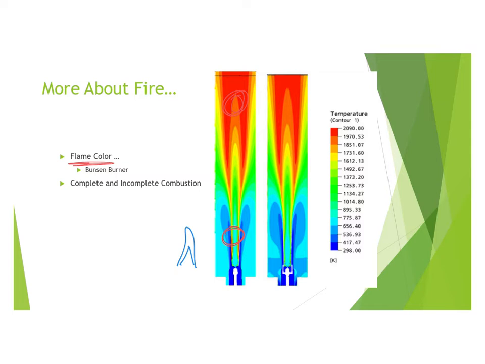Why do we get other colors? Because sometimes we get complete combustion and sometimes we get incomplete combustion. What does that mean? Well, in the cases of incomplete combustion, not all of the hydrocarbon burns up cleanly into carbon dioxide and water, whereas in complete combustion, they do.